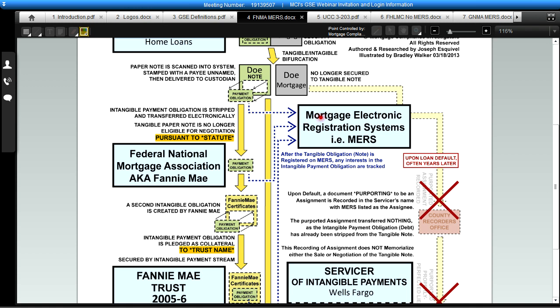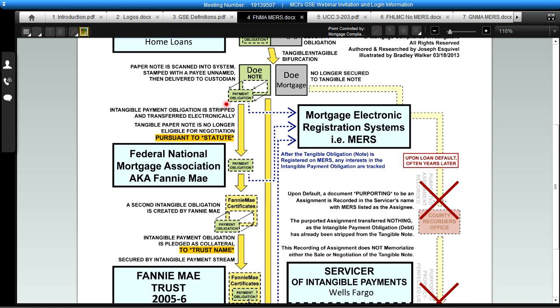Shortly after that happens, the intangible payment obligation is stripped and transferred electronically and sold to, in this case, Fannie Mae, Federal National Mortgage Association, also known as Fannie Mae.